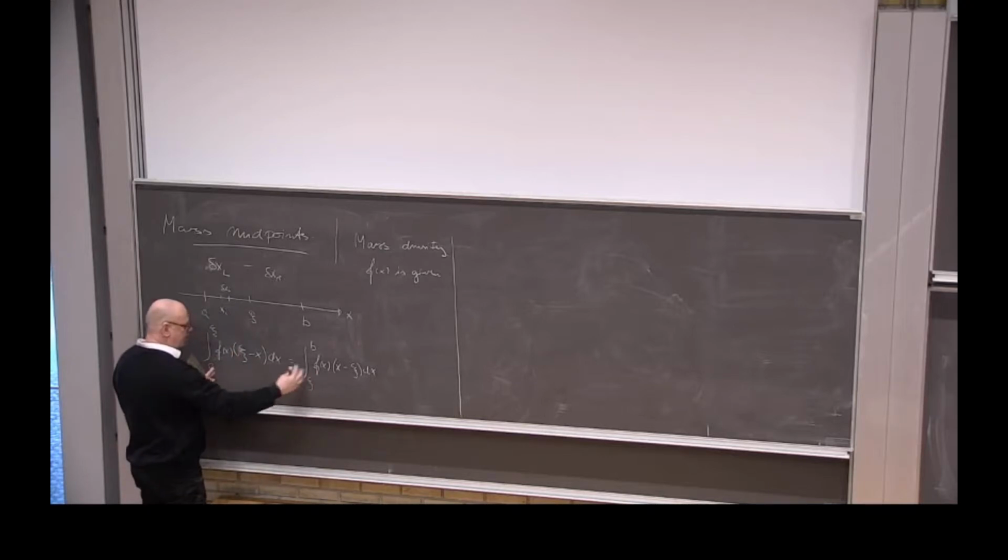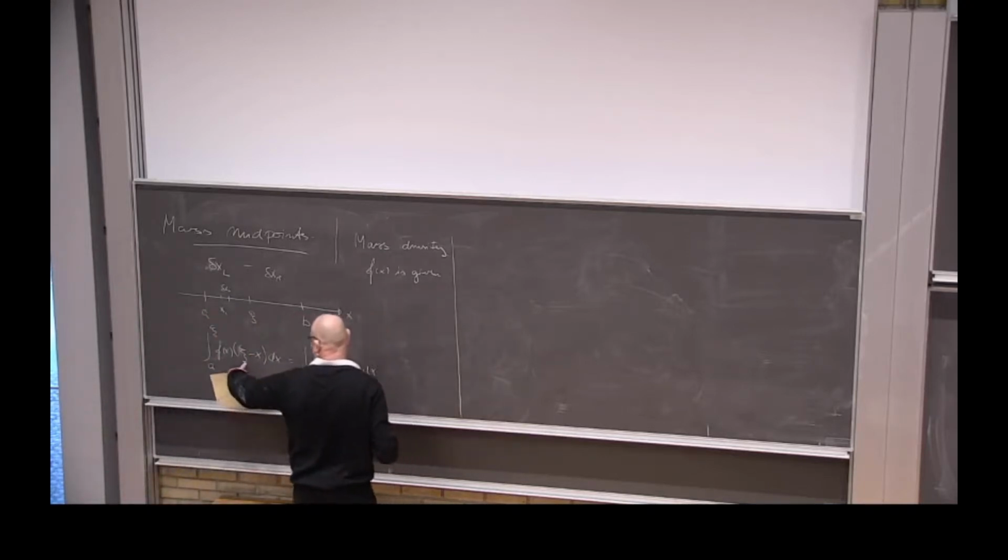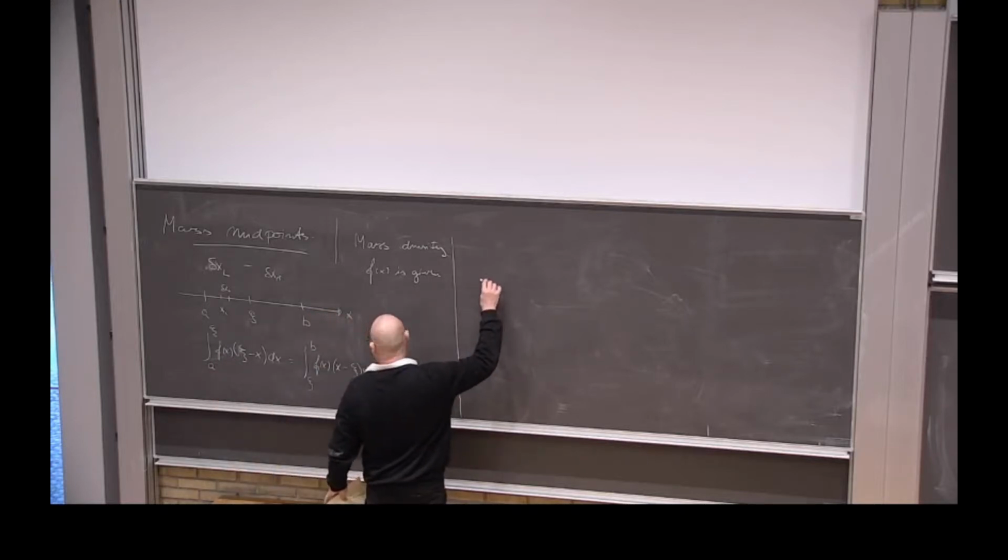So it's just a matter of rearranging this, and you see here, C is a constant, which we're going to find. So I split the integral. Let me start by doing this.